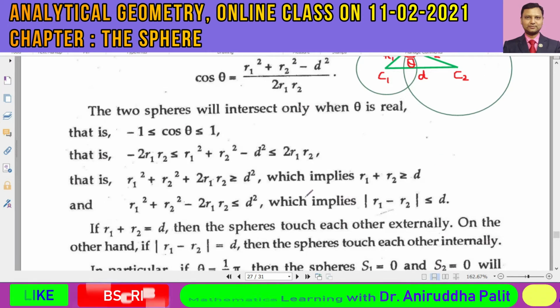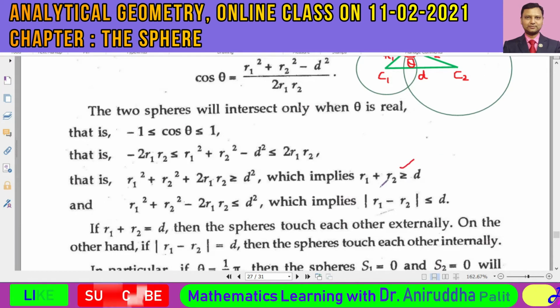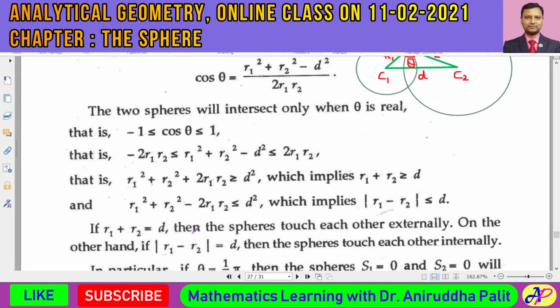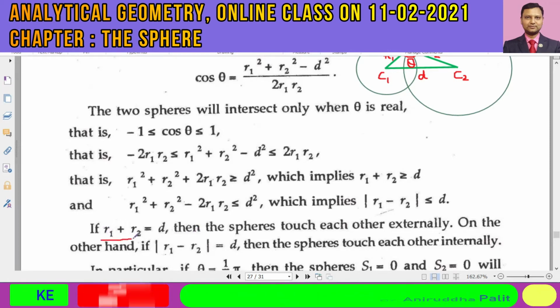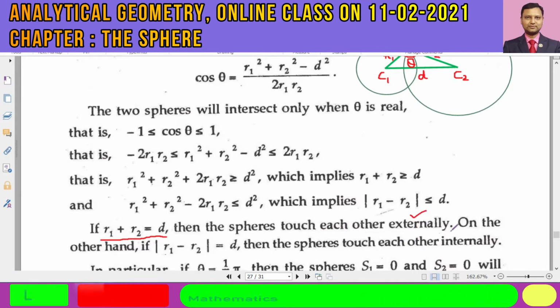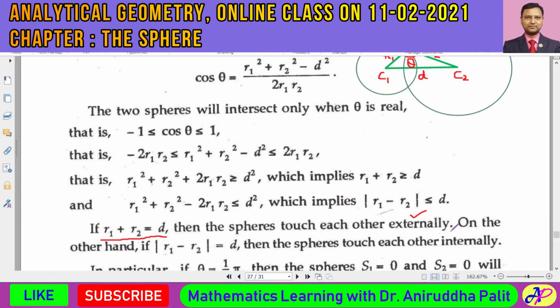Particularly when this equality occurs, when r1 plus r2 becomes equal to d, what is the meaning? The meaning is that the spheres are touching each other in an external fashion. One sphere is touching the second sphere externally.